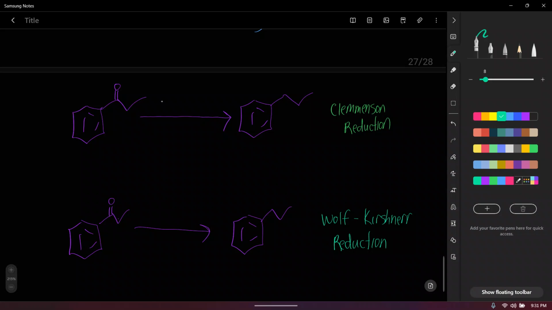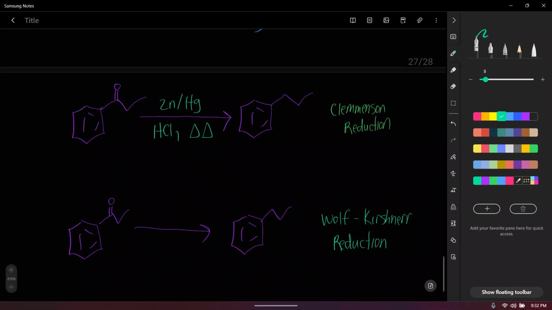So a Clemmensen reduction is a zinc-mercury amalgam. You don't have to know what an amalgam means. It's a mixture of zinc and mercury, but it's a zinc-mercury amalgam with hydrochloric acid and a lot of heat. You have to make this very, very hot.